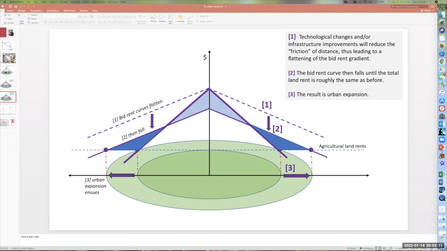Our preferences are still the same in terms of location versus other household goods. So at least as a first approximation, if we assume that households are spending the same amount on accessibility as they were prior to this, it's just that accessibility is manifest in this spreading out. And so this is the configuration that we get.